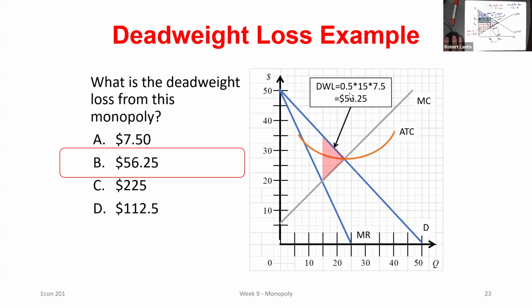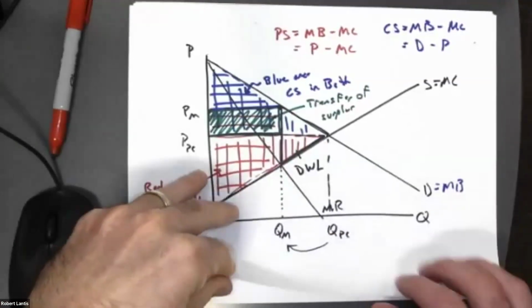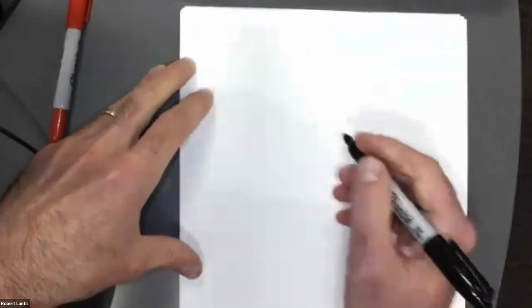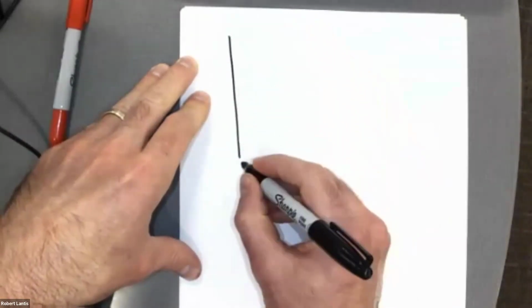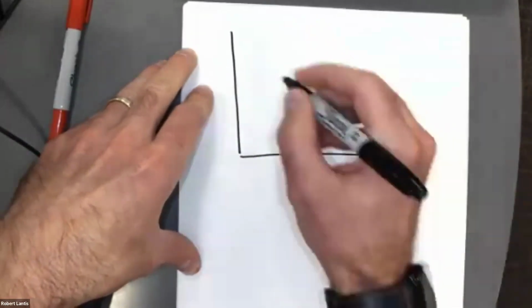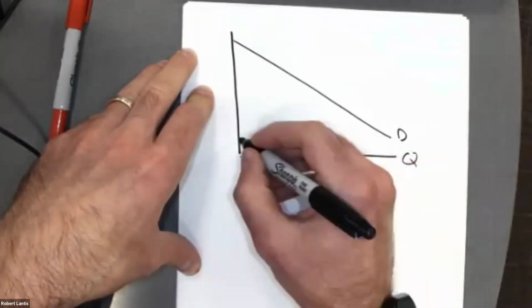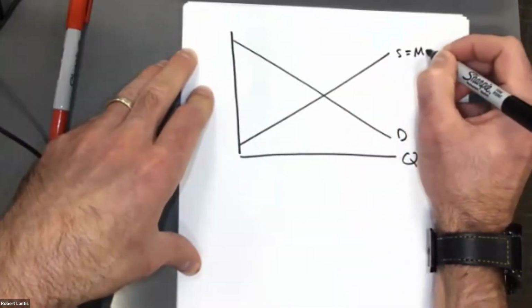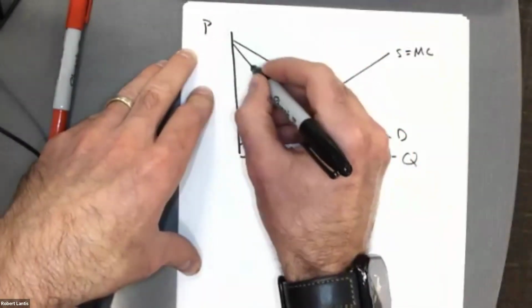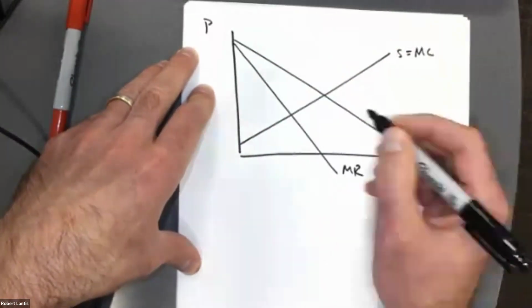All right. So I want to do this and point something out that might help on another problem like that. Let's say I ask you to calculate deadweight loss, and I'll draw this up here so we have a reference. We've got our demand, supply, which is the marginal cost of the one firm. We have a marginal revenue curve that the monopolist faces.